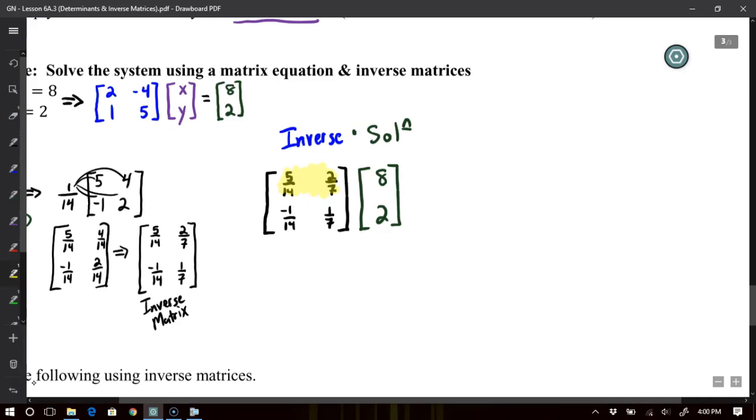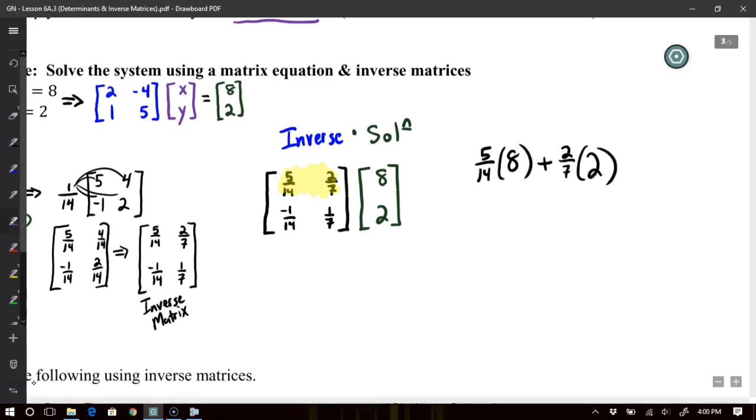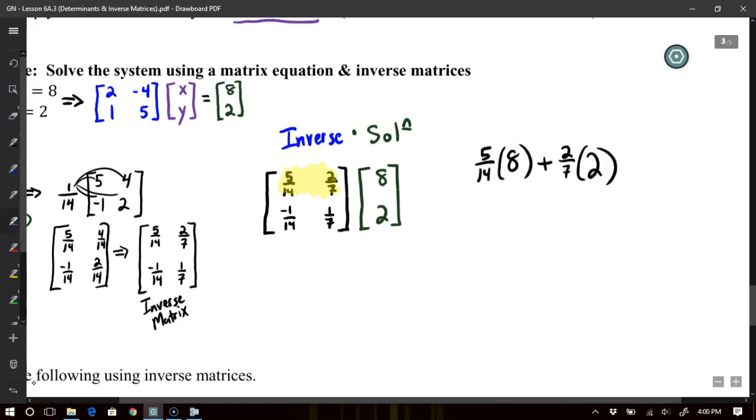So the 5/14 gets multiplied to the 8, plus the 2/7 gets multiplied to the 2. And we can do some fun old addition and subtraction with matrices. And so here I have 40/14, which simplifies to 20/7, plus 4/7.